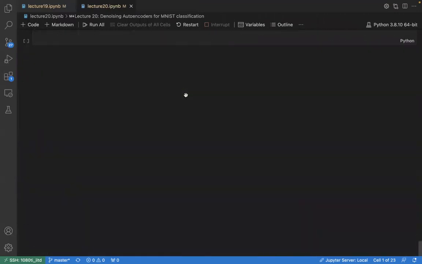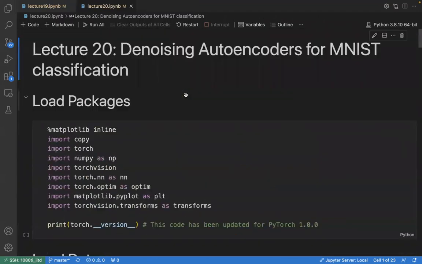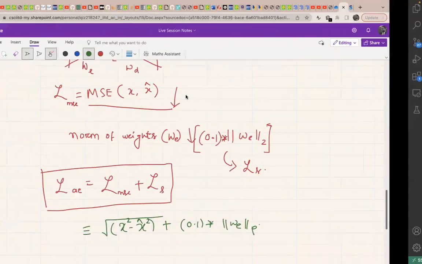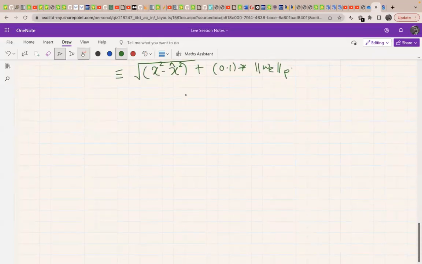I'll briefly discuss what a denoising autoencoder is, and then we'll go to the code of it.